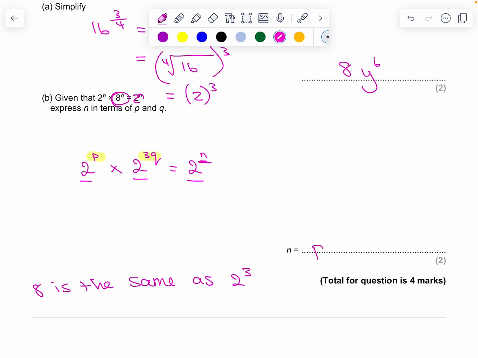So n equals p plus 3q. And that's it. That's your answer. But remember, these questions that I've just been doing, including I think the next question that I'm going to do, which is another index law question, are all grade 8 or 9 questions.